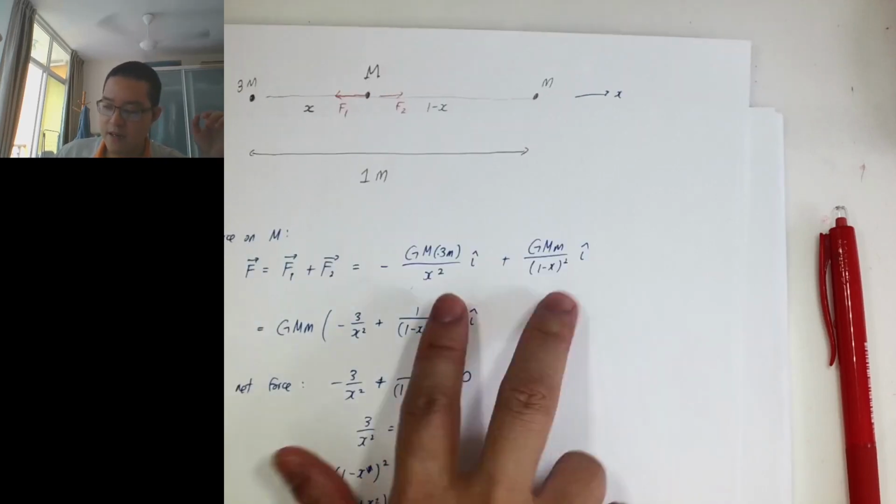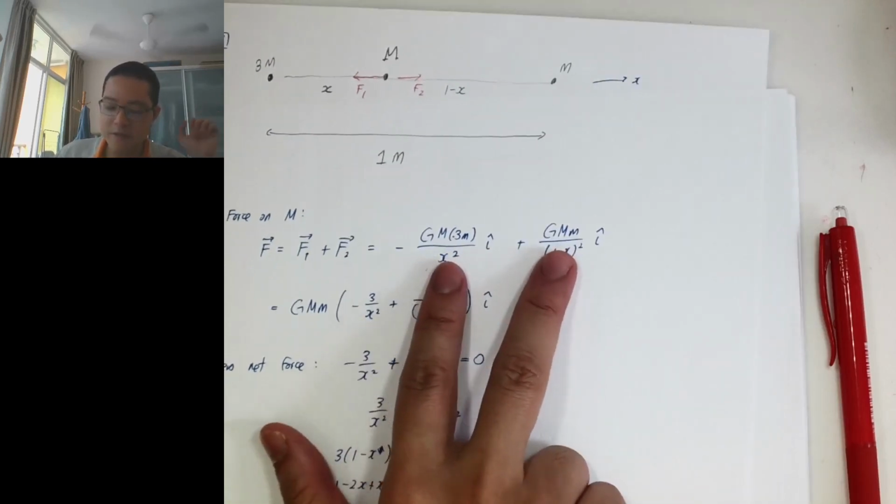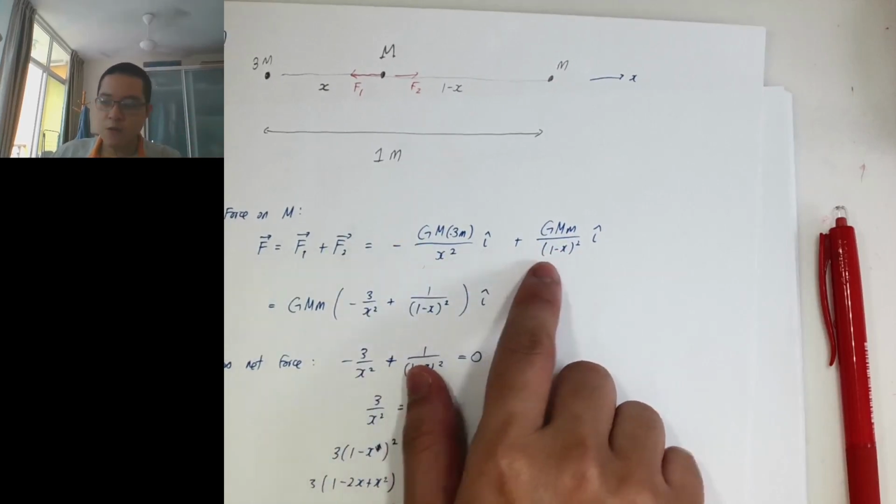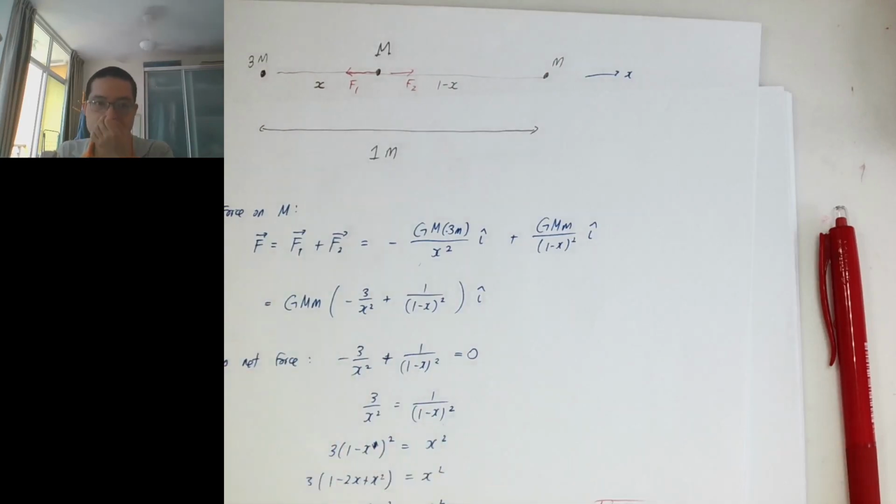And then the other reason is, we started off the entire process by putting one negative and one plus. So we are assuming that the two forces are in different directions.